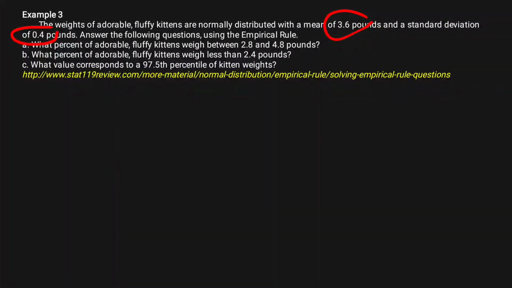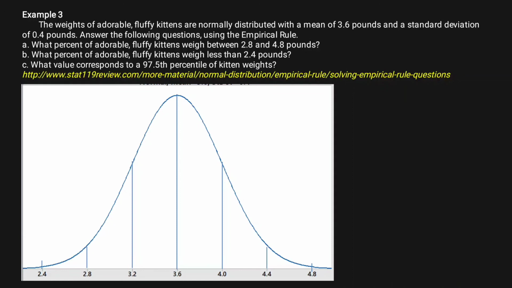percentile of kitten weights? Okay, so first, let us draw the normal curve with mean 3.6 and standard deviation 0.4 pounds. So, ang gitna natin is the mean, 3.6. So, add and subtract lang tayo the standard deviation 0.4.